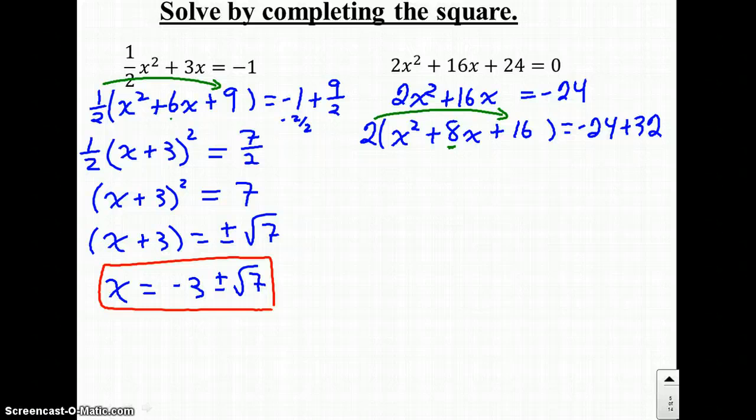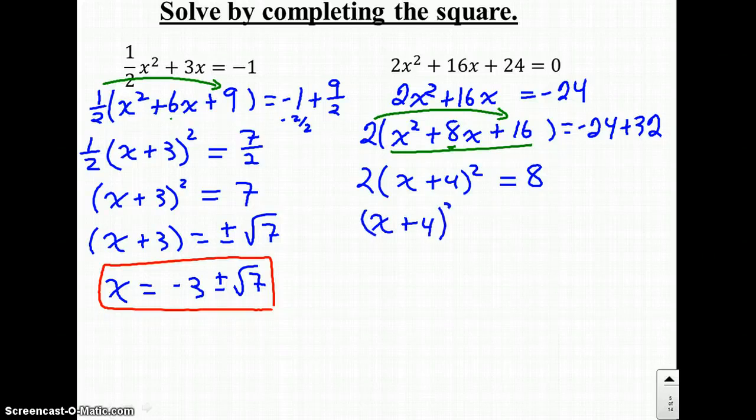Keep my equation equivalent. I would now factor my trinomial perfect square as x plus 4 all squared, and that will equal 8. I will now divide both sides by 2 and take the square root of both sides, remembering again the plus and minus.